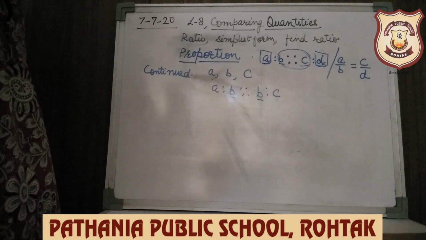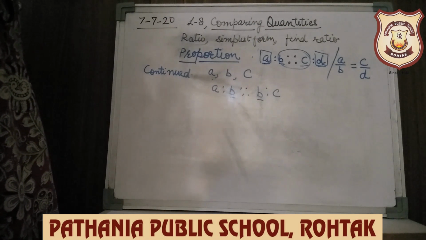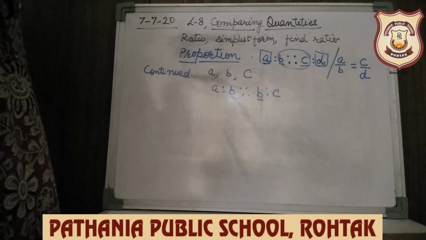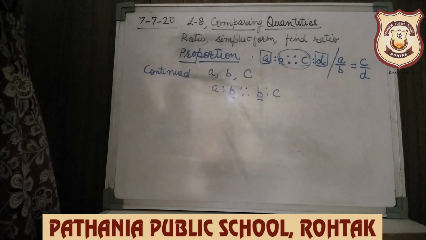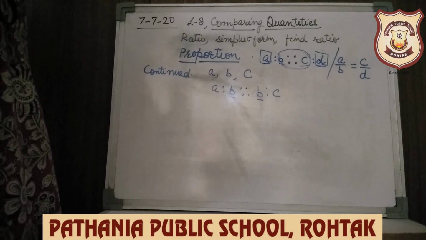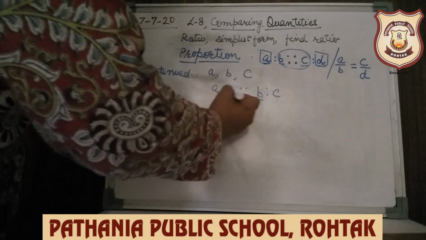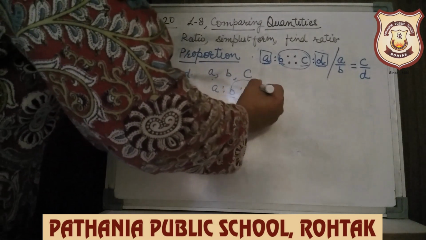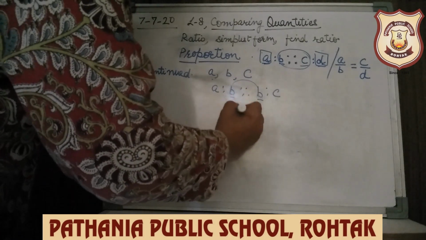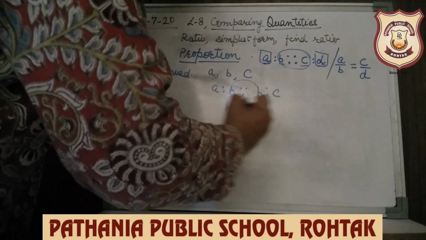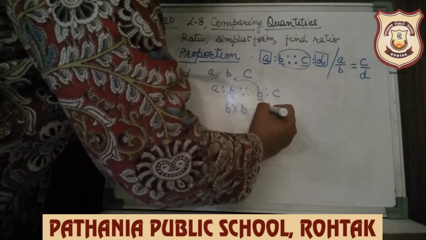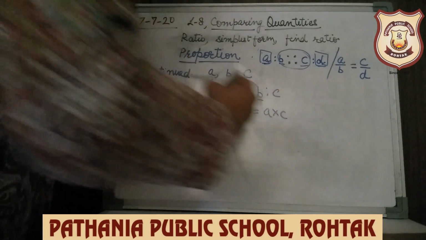Why is it repeated? Because it is the mean proportion. B is the mean proportion, and what will you get? B square, B into B, the product of means, should be equal to the product of extremes.